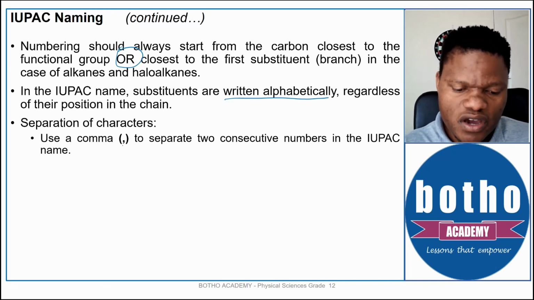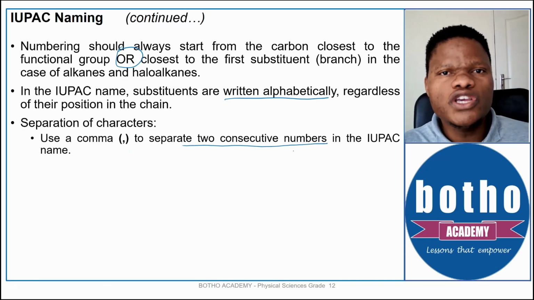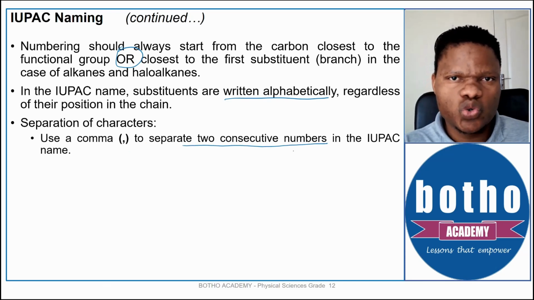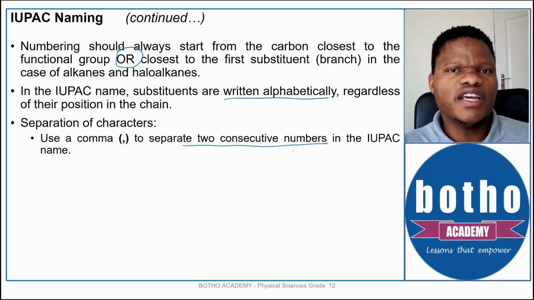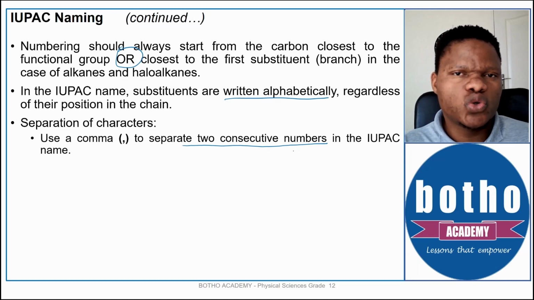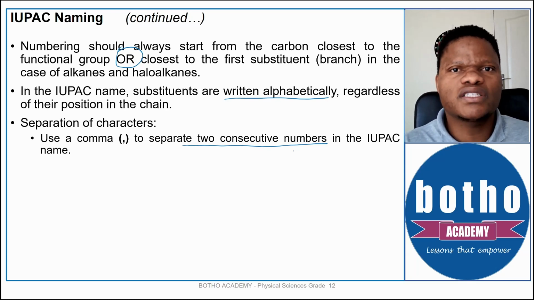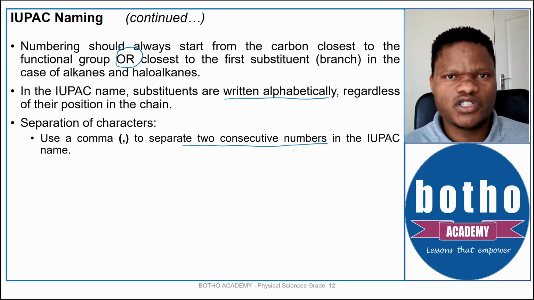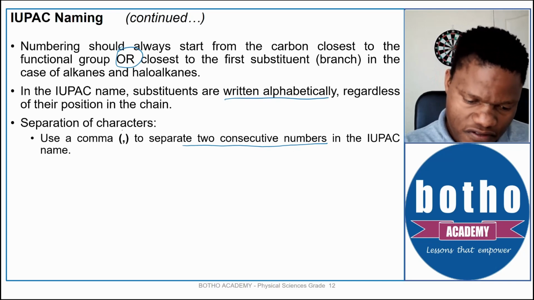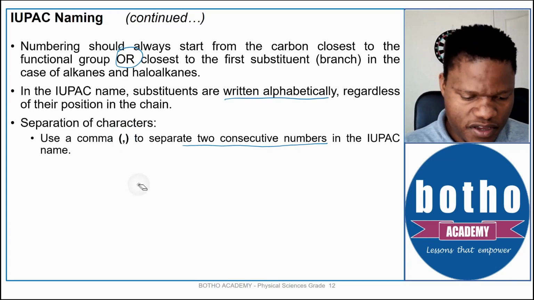Hence, we are going to have a comma to separate the 2 consecutive numbers. We only use the comma to separate 2 consecutive numbers. Okay, and this only happens when you have one substituent appearing more than once on the chain, which means you have the same substituent appearing at various positions on the chain. There's definitely going to be that comma there to separate the numbers when you do your naming.